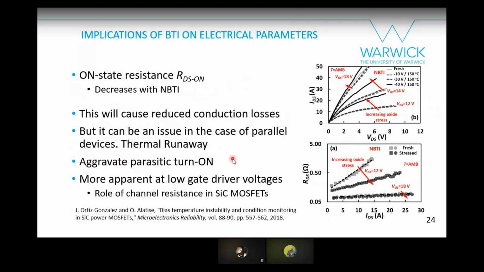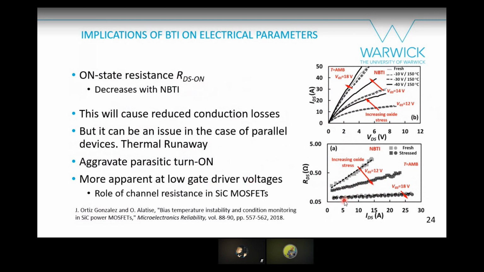If you remember the previous webinar, if you reduce your threshold voltage, the susceptibility to parasitic turn-on is going to increase. And similar to PBTI, sorry, this is more apparent at low gate driver voltages. Again, the role of the channel resistance.